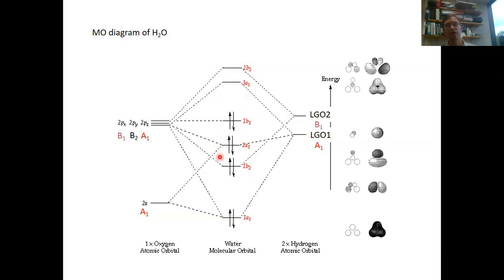So you see you have 2 bonding molecular orbitals with 4 electrons. In the valence bond picture, you could say these are the 4 electrons that make your 2 covalent oxygen-hydrogen bonds. And then you have 4 approximately non-bonding electrons here, which in the valence bond picture would represent the electron lone pairs of the oxygen atom. See, however, in your molecular orbital picture, you get more information. In the valence bond picture, all the 4 bonding electrons would come out equal.